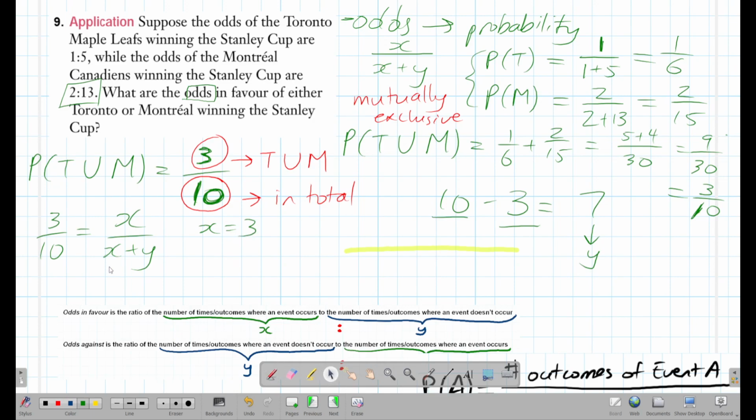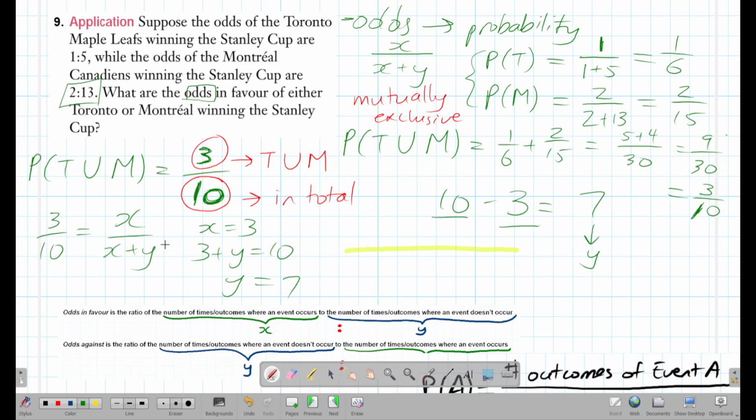In the denominators, we have X plus Y and a 10. We know that X plus Y is 10, but we also know that X is 3. So I can take this X and replace it with the 3, and we can solve for Y. Y is 7. So this is an alternate way of finding Y, the number of outcomes where an event doesn't occur.